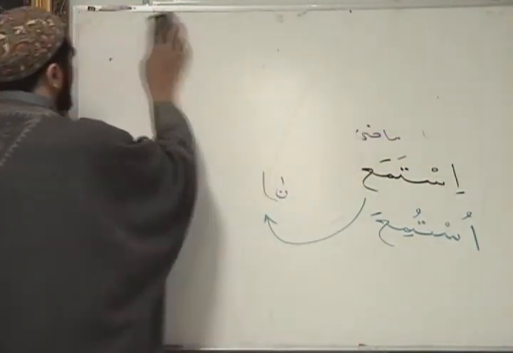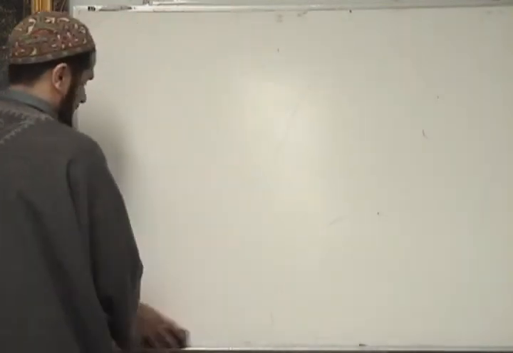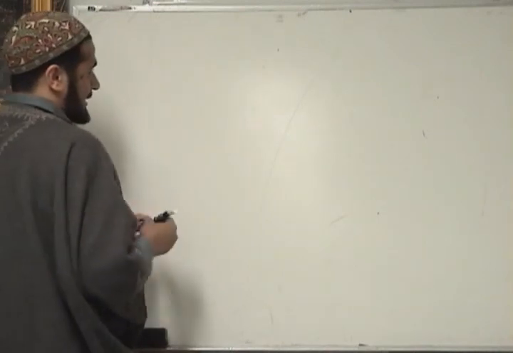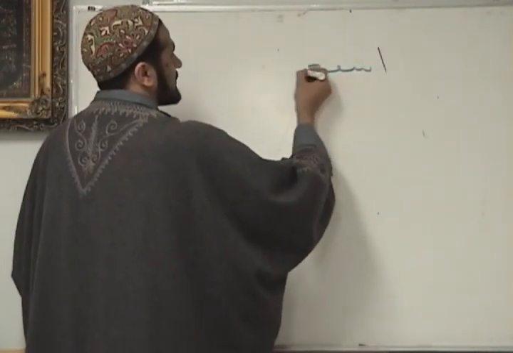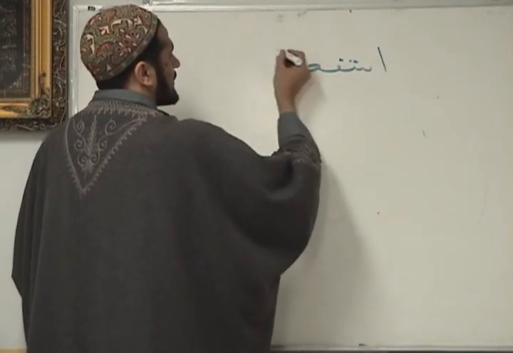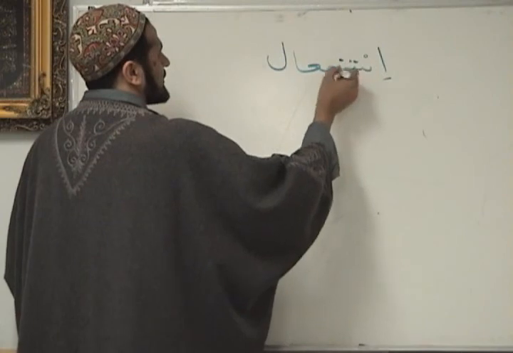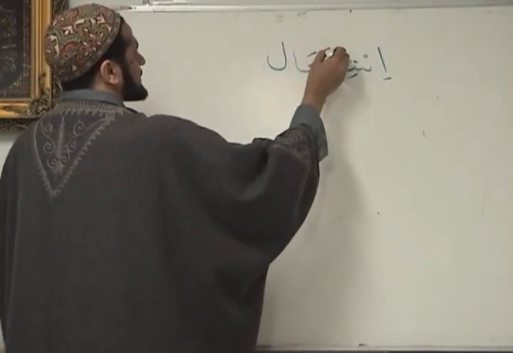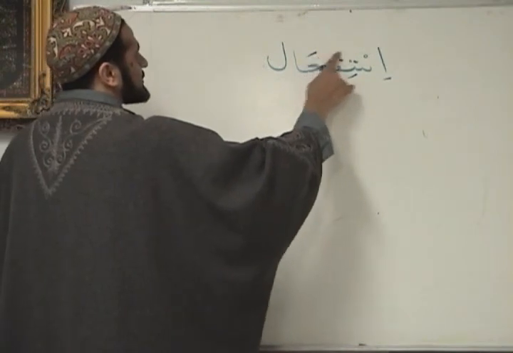We'll go from if'al now to istif'al that we did last time. Why do we do istif'al? To exaggerate? I think not. Istif'al has some other reason. To seek the thulathi meaning is one.